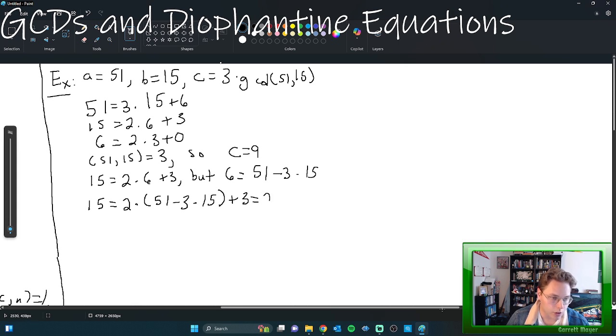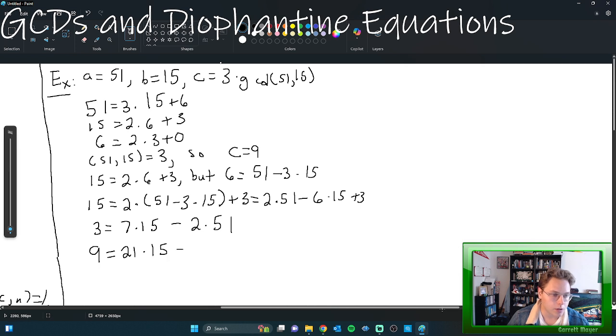This means we have 2 times 51 minus 6 times 15 plus 3, and this gives us 3 equals 7 times 15 minus 2 times 51. If we want to get to c, all we need to do is apply a scalar to both sides. So we have 9 equals 3 times 7, which is 21, times 15, minus 2 times 3, which is 6, times 51.